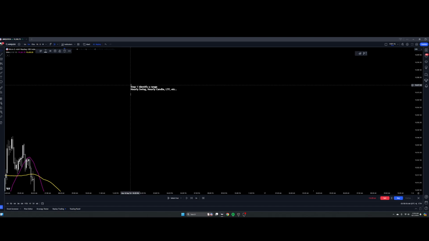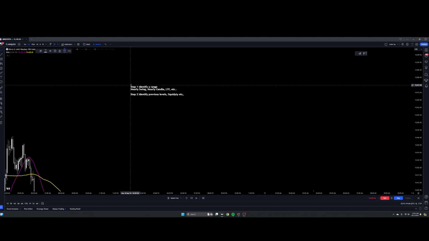Step 2: you're going to look at your previous levels, previous levels, liquidity, etc. So anything you would use to take into account key pivots, right?